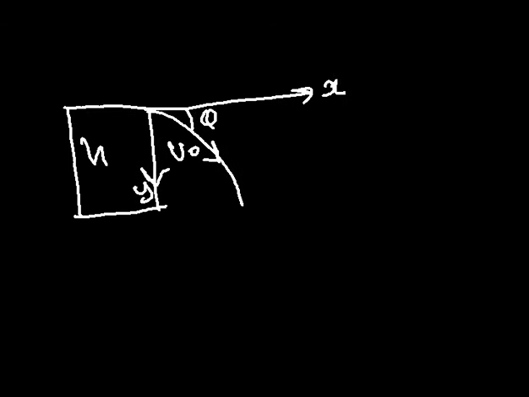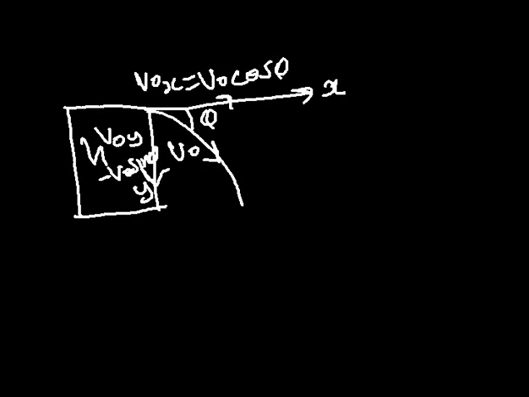Let's say the building is of height h. The initial velocity along x, v naught x, we resolve into components: v naught cos theta. But the initial velocity along y, v naught y, will be given as negative v naught sin theta, because it is pointing downwards. That's why it will be negative.